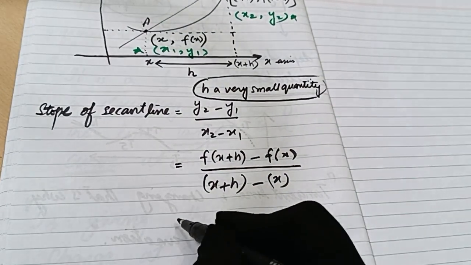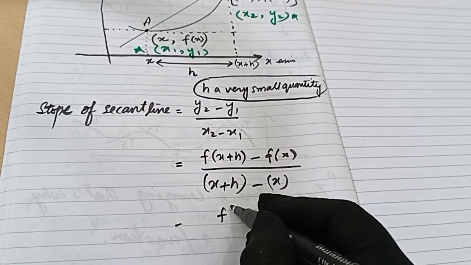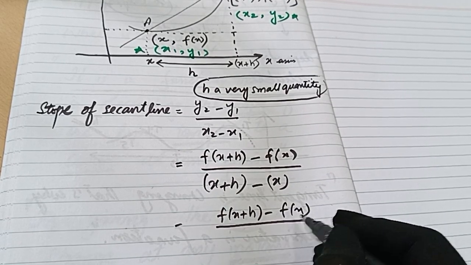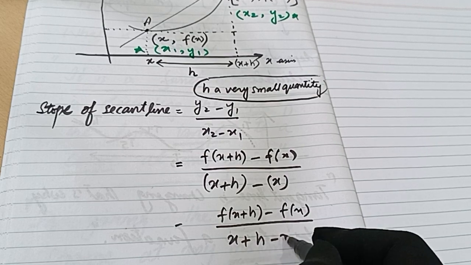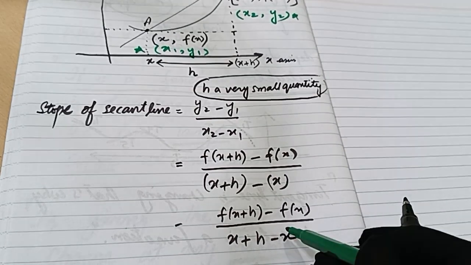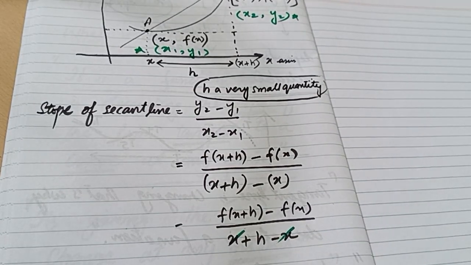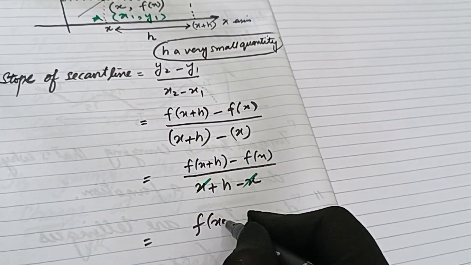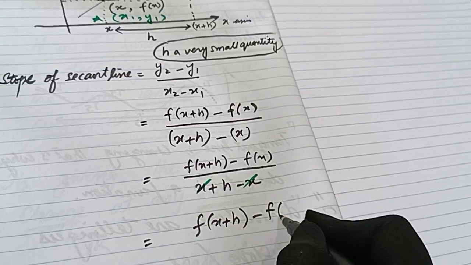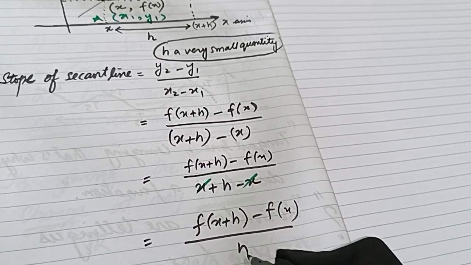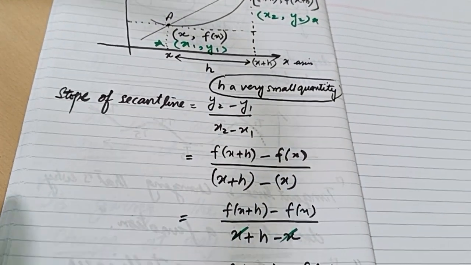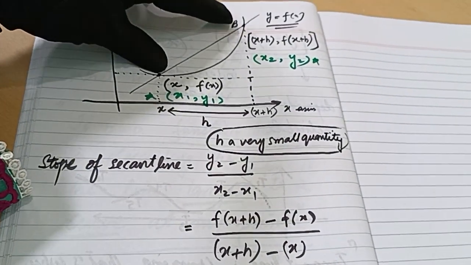Okay, solving it we get f of x plus h minus f of x over x plus h minus x. As we can see, they can be cancelled. So f of x plus h minus f of x over h we are getting. Okay, so this is the slope of the secant line.